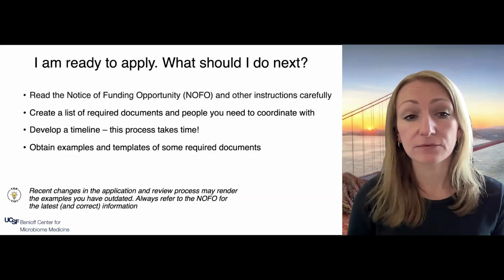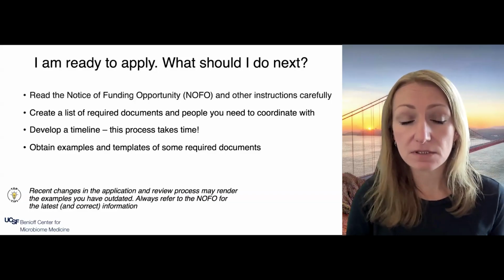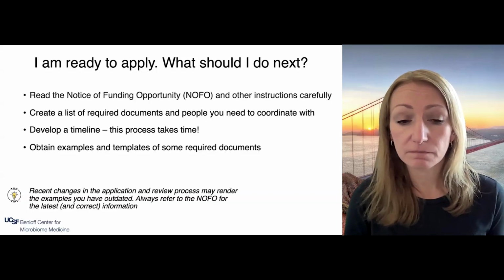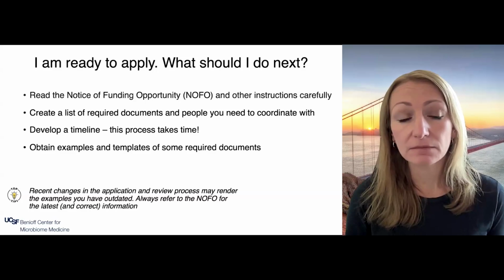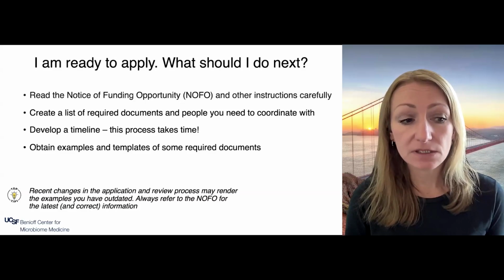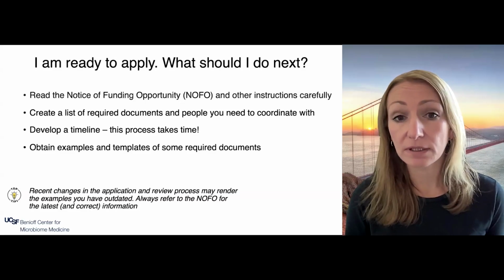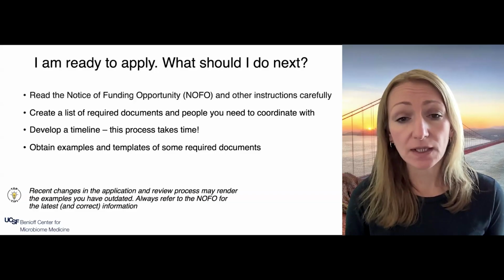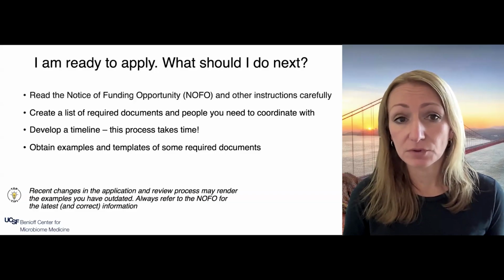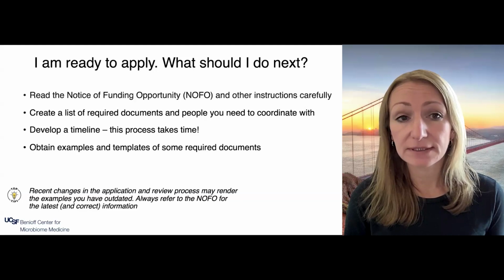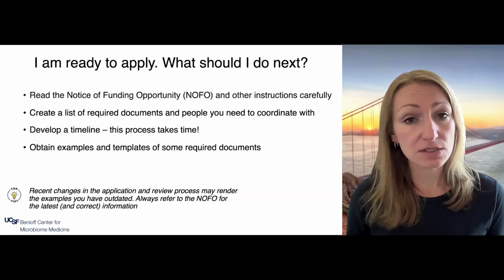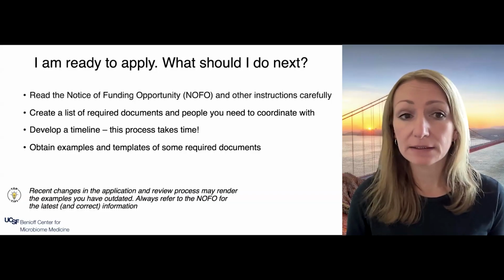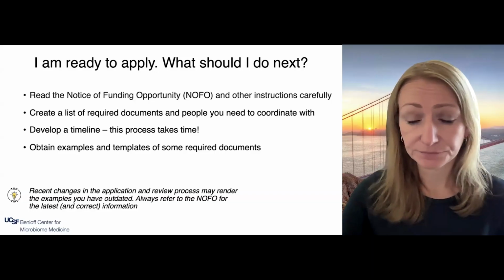However, you need to be careful because in the beginning of this year, there were significant changes that were made to both the application and to the review process, and that may render the examples that you're using outdated. And so always refer to the notice of funding opportunity for the latest and the most correct information. And if there are recent changes, they're usually very well highlighted and explained.